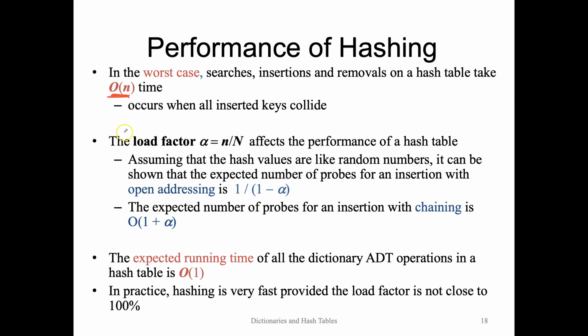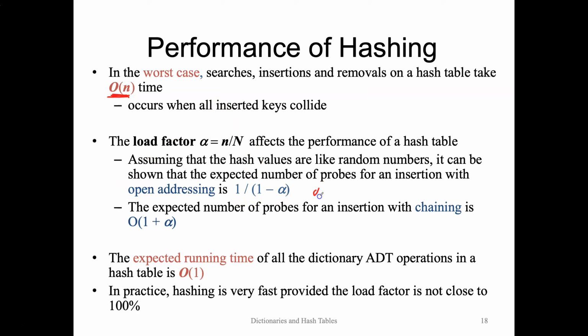So one thing which affects the performance of our hash table is this load factor. This is the fraction of how full our hash table is. So we have little n elements in our hash table, but our hash table could support capital N items. So this is a fraction of how full our table is. And we can show that if we're using open addressing, the number of expected probes that we would take for, say, inserting an item or finding an item or removing an item is 1 over 1 minus alpha.